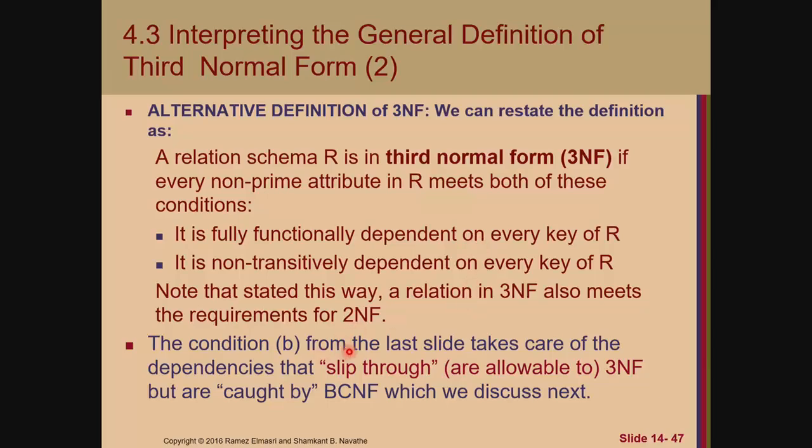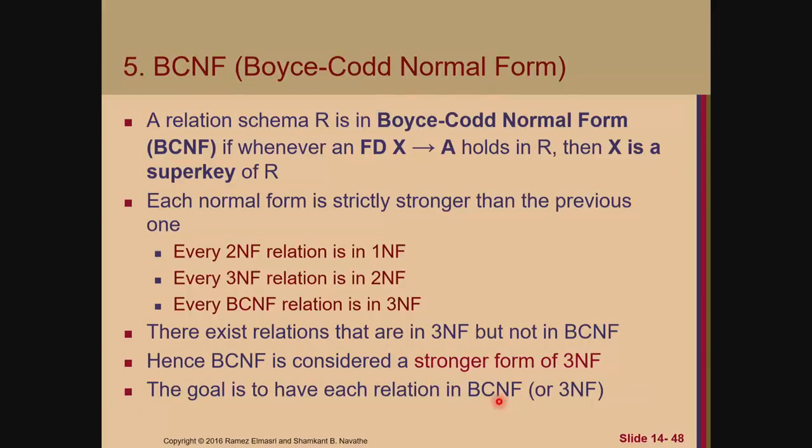Condition B from the last slide takes care of the dependencies that slip through third normal form but are caught by Boyce-Codd, which we discuss next. So the last one, we are talking about the Boyce-Codd normal form.